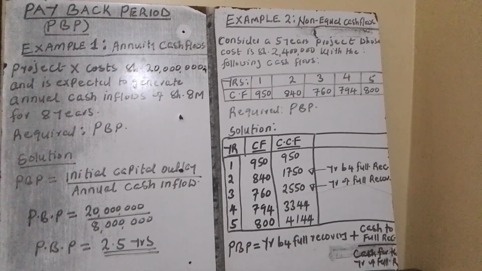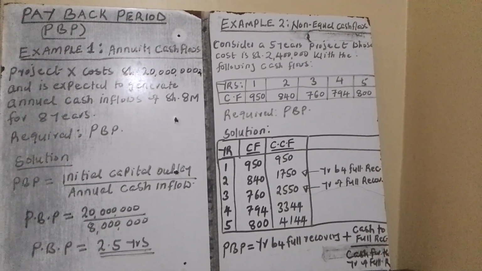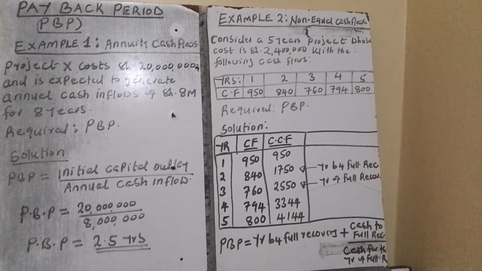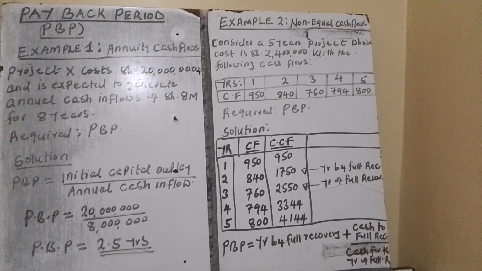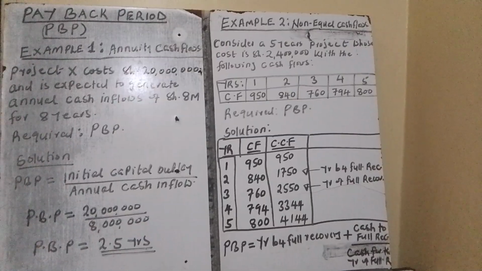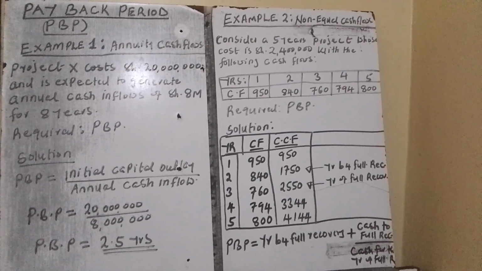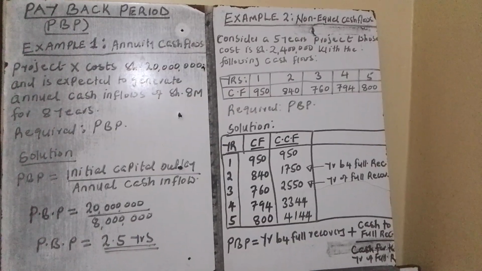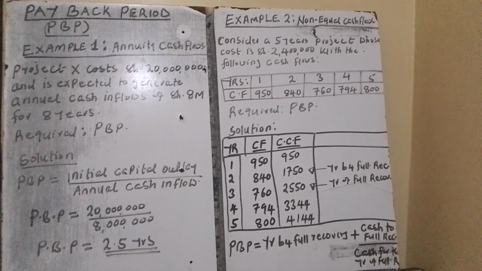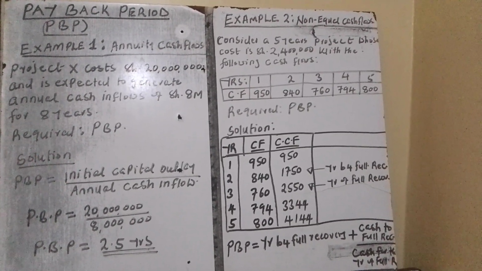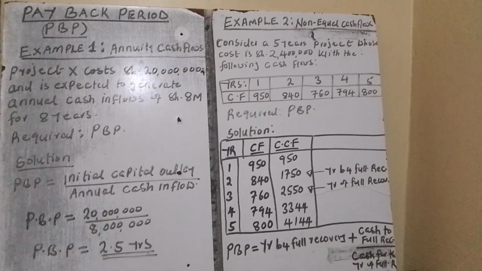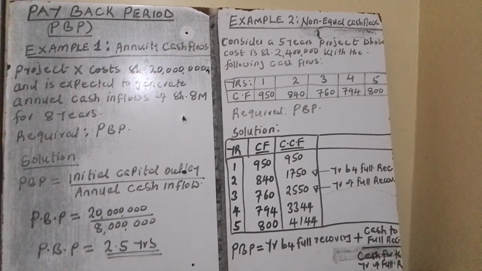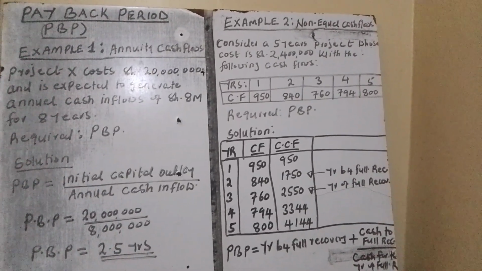For instance, you purchase a machine for 1,000 shillings, and each year it generates 100 shillings. It means after 10 years, that machine will have generated the 1,000 shillings, which is the initial capital outlay.